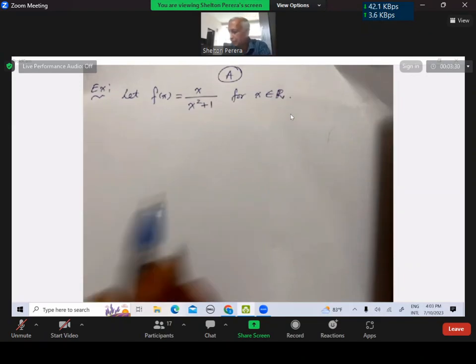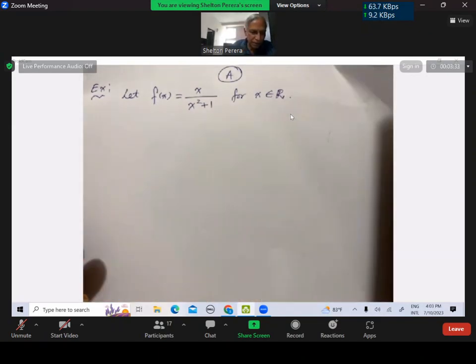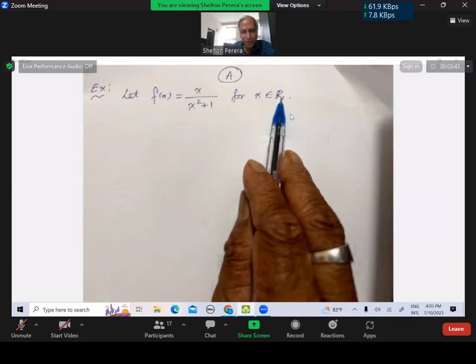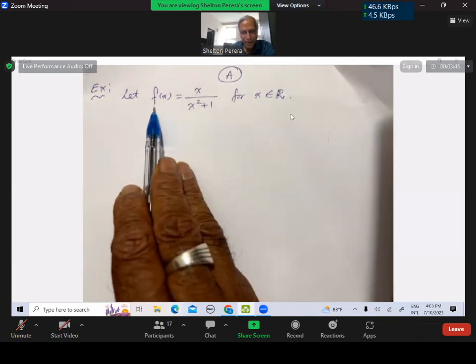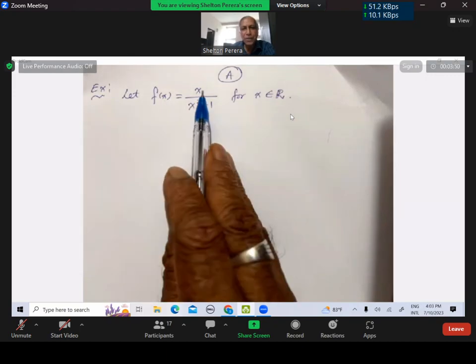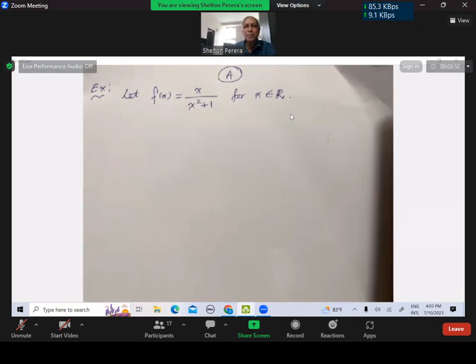Now this rule, and we also said the domain is the set of all inputs. Inputs are mentioned here. F is the rule. When you input x, the output is x over x squared plus 1.